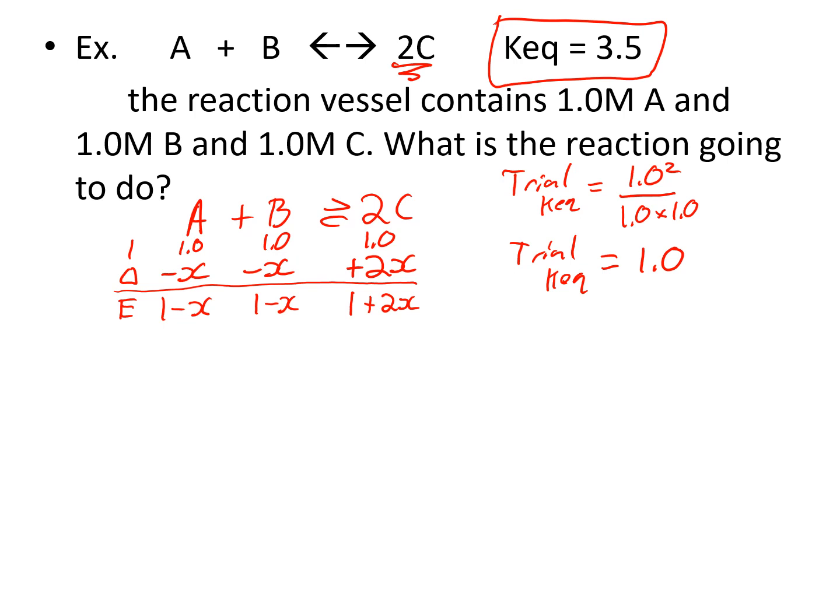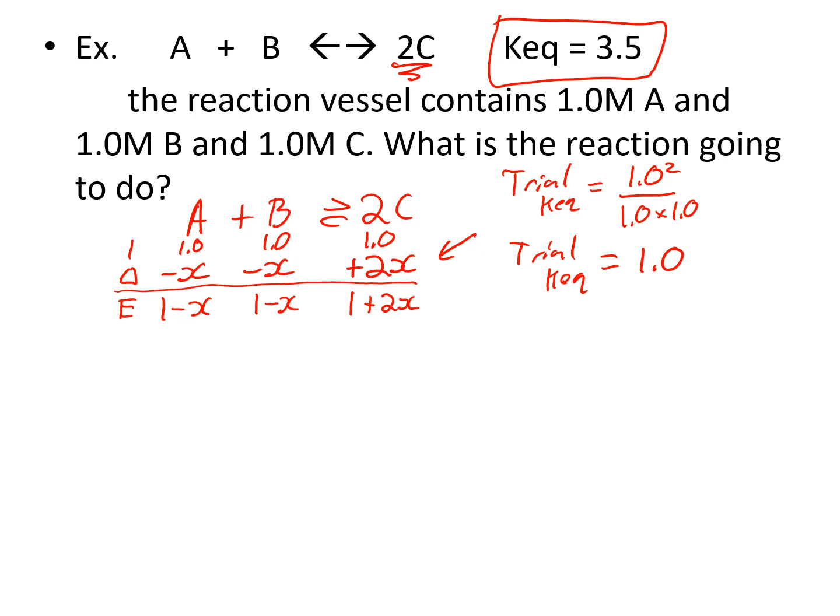Now I want to figure out how much A, B, and C I have after this thing clearly shifts to the right, because we just said that this thing is shifting to the right. So I want to figure out how much A, B, and C I have left after this thing comes to equilibrium.